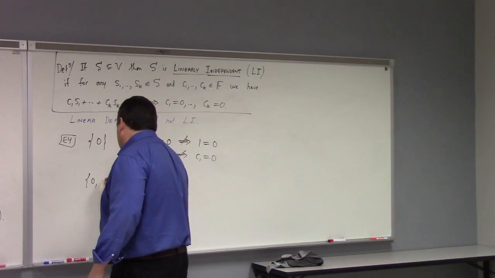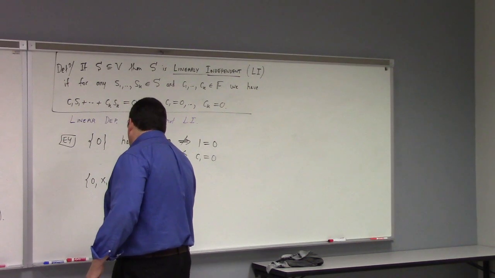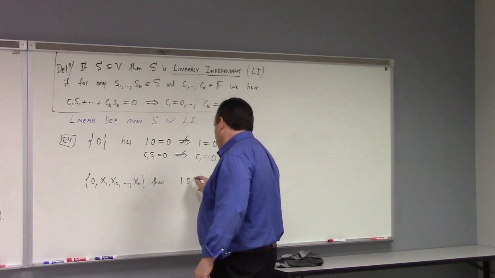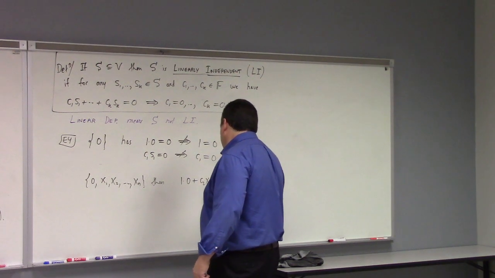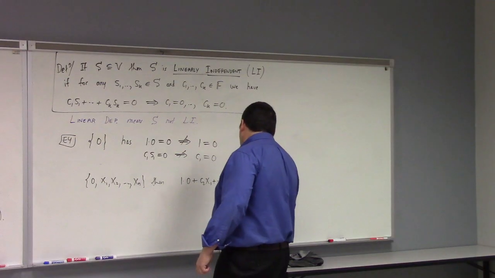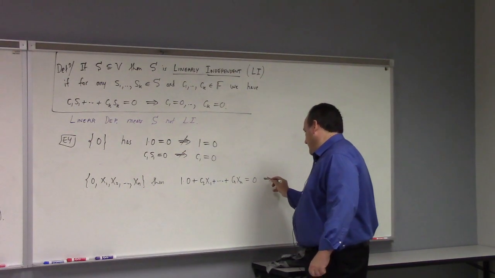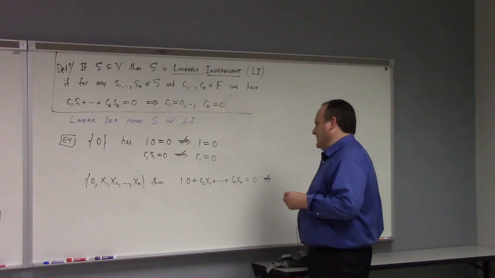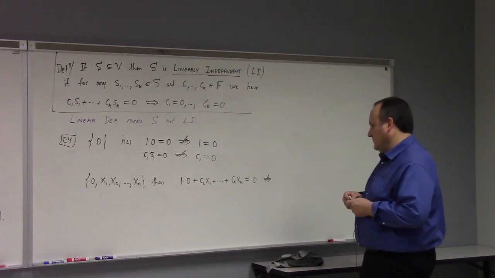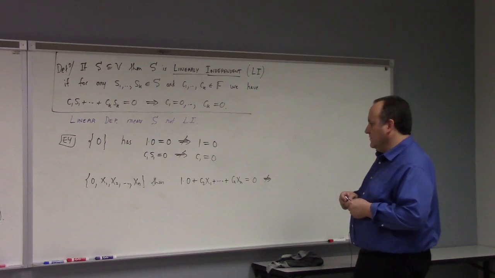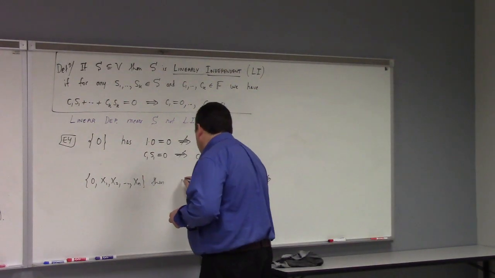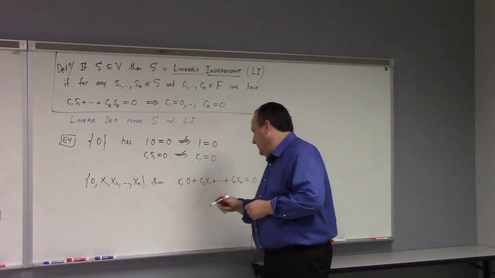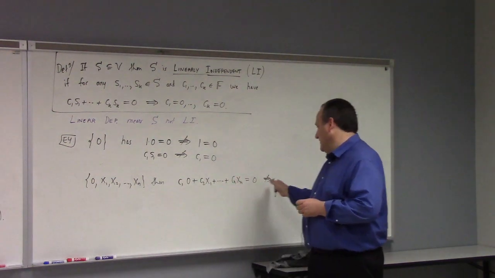If I put 0 and then as many other vectors as you like, then look at C1 times the 0 vector plus C2 times x1 plus all this up to Cn times xn equals 0.